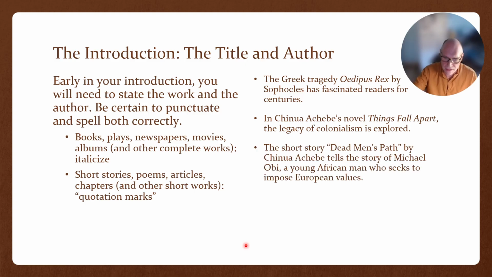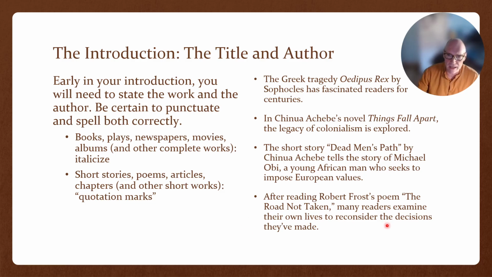On the other hand, the short story Dead Man's Path by Chinua Achebe tells the story of Michael Obi, a young African man who seeks to impose European values. Dead Man's Path is a short piece of fiction that can't stand as a work by itself, so it gets quotes around it.